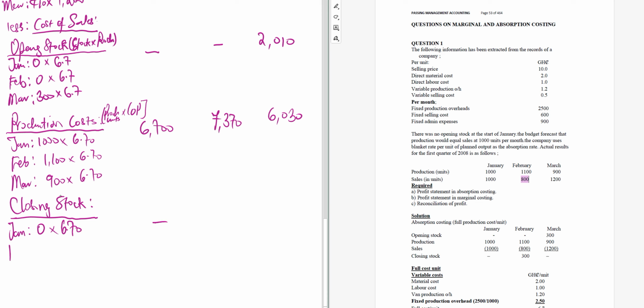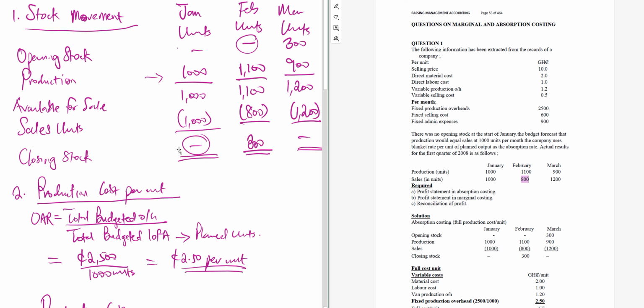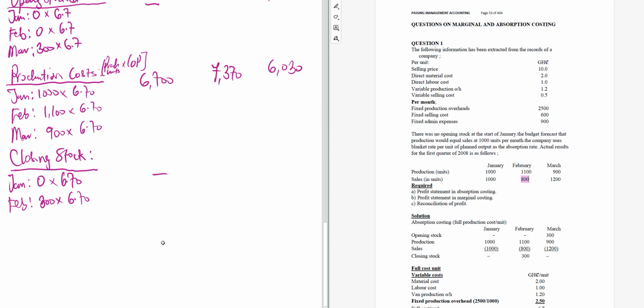Okay, now February, was there closing stock? I believe so. We had closing stock of 300, now being valued at 6.7. So the opening stock we had here will now become closing stock here. February, yes, there was closing stock of 300 units at 6.7, and that is 2010.